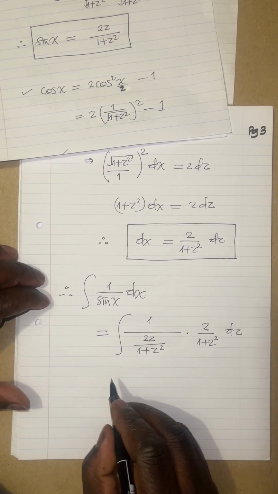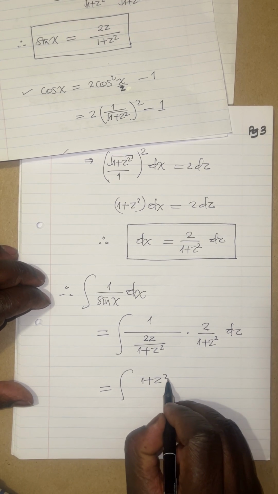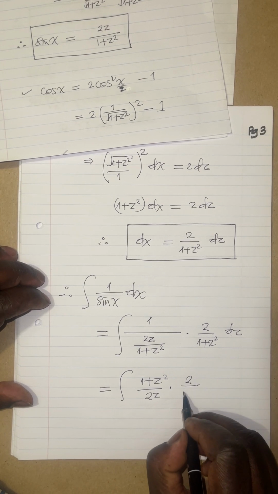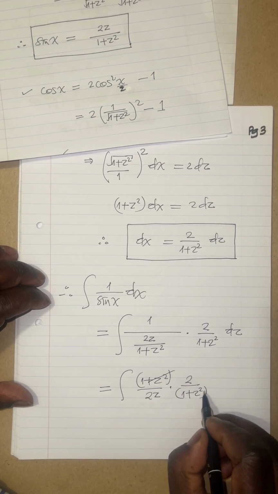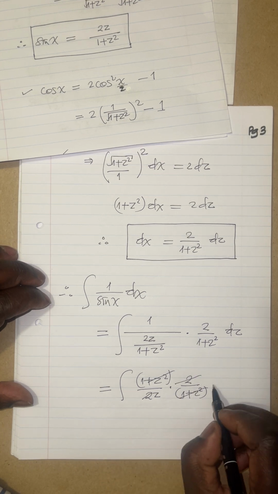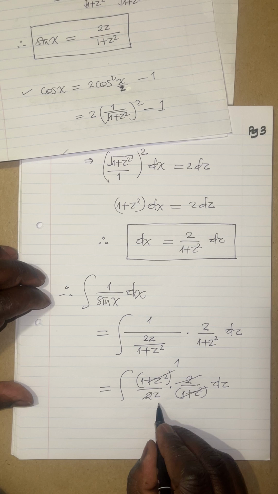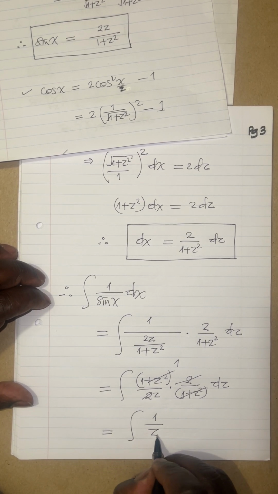Now, this one here, you agree with me that this is just the integral of 1 plus z squared over 2z times 2 over 1 plus z squared. If I put these in brackets, you can agree with me that these cancel, and the 2 cancels that 2 there. We have dz here. So we have 1 over z dz. So this is equal to the integral of 1 over z dz.